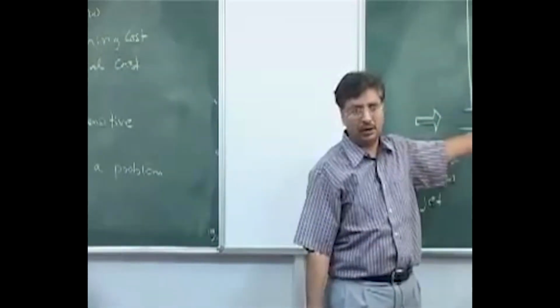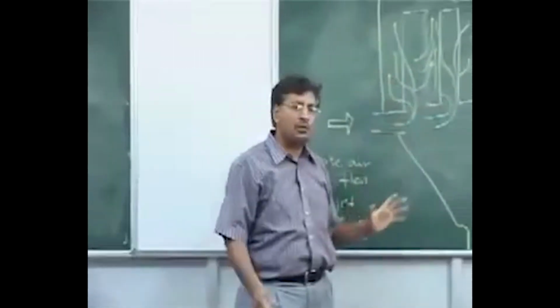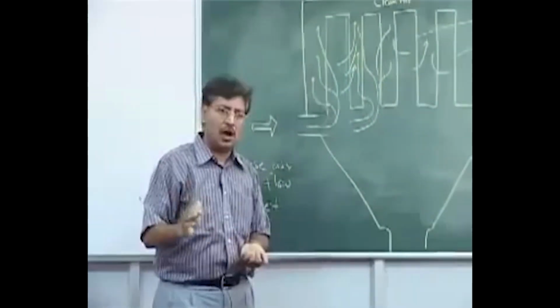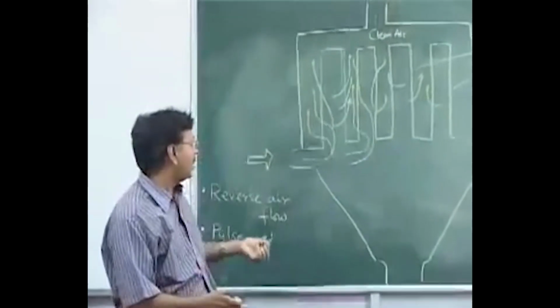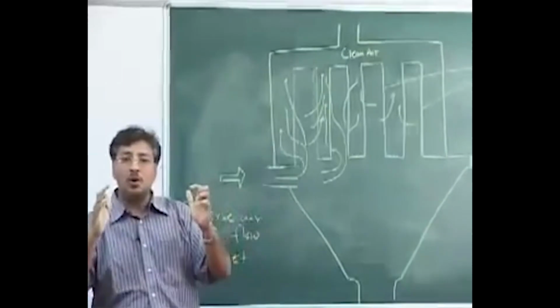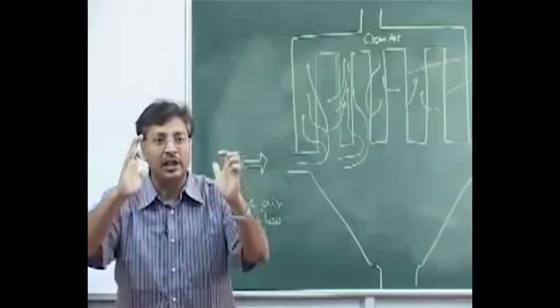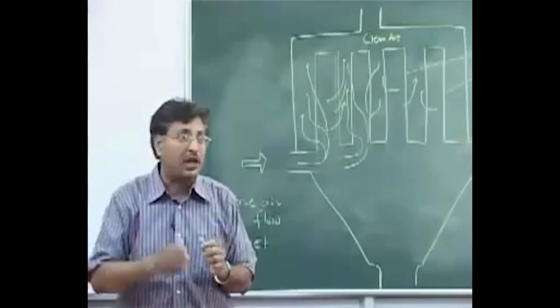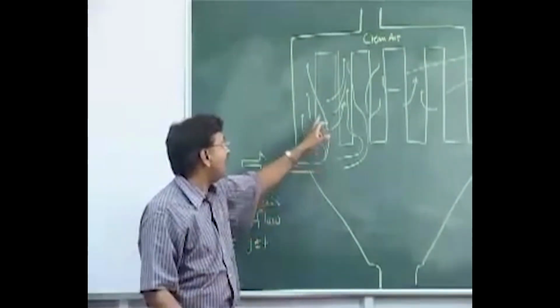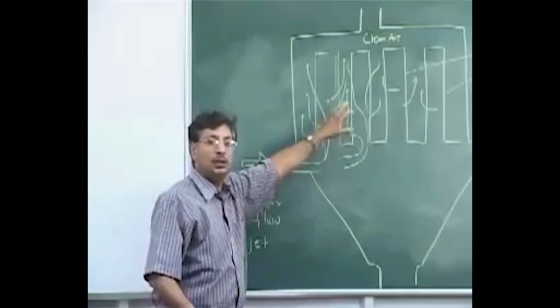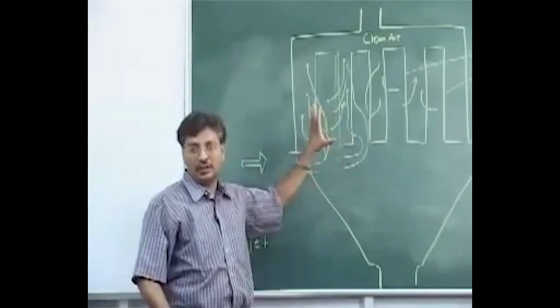The order of the pressure drop difference is so high that I don't remember the numbers. Here in the ESP, there is no obstruction to the flow of air, it simply travels as if in a duct, and here every little thing has to go through this. So the pressure drop is enormous here.